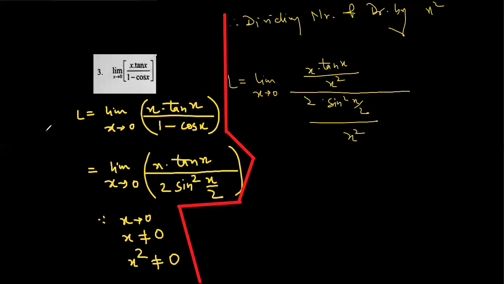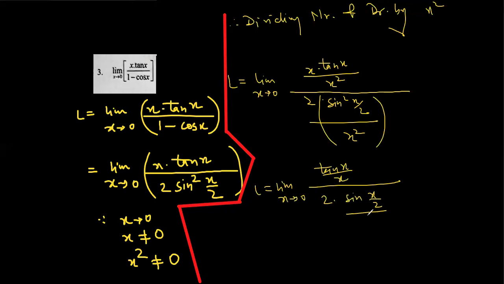So see, the next step I have, I write the common square here. So this is L equals limit x tends to 0, tan x upon x, and here I have 2 and sine of x by 2 upon x the whole square. I write a separate limit for this and a limit here.